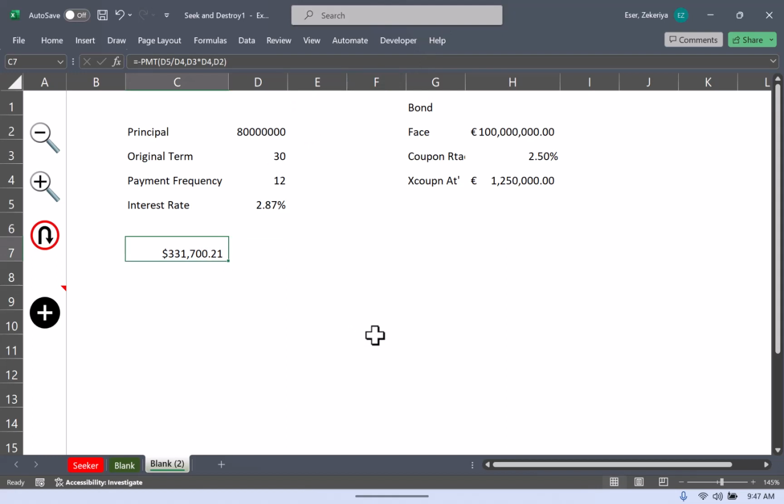And suppose month 287, and suppose the rate for that is 4.56.